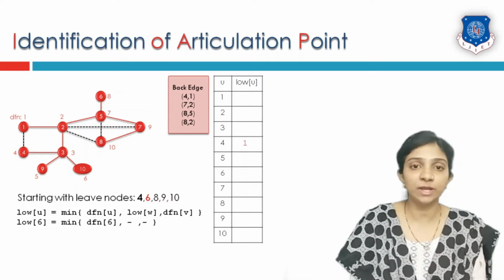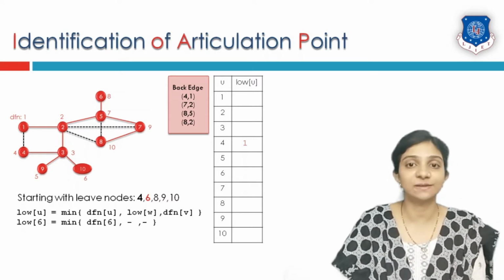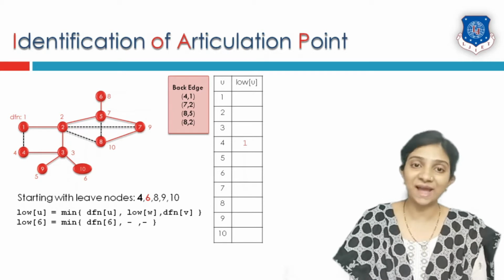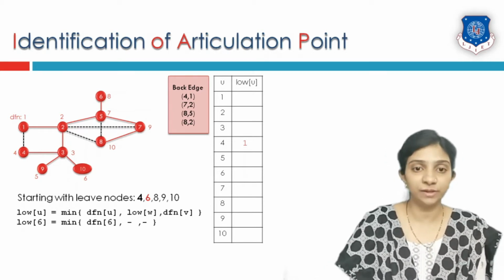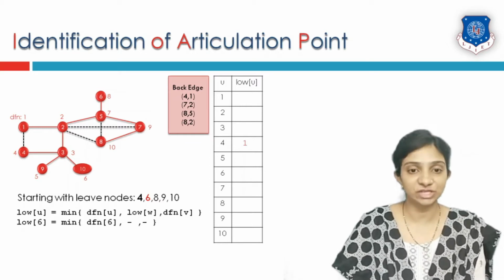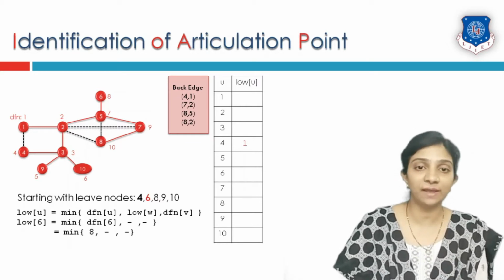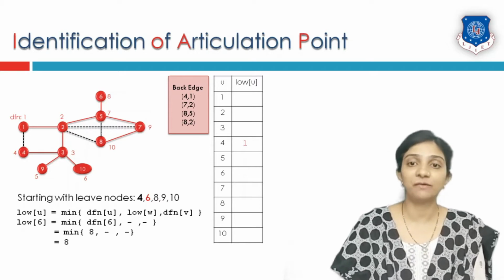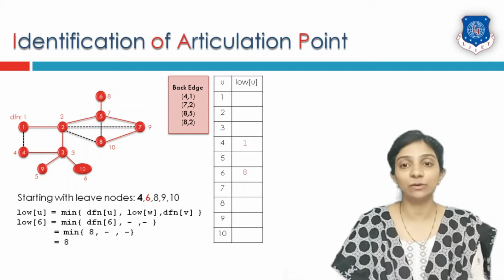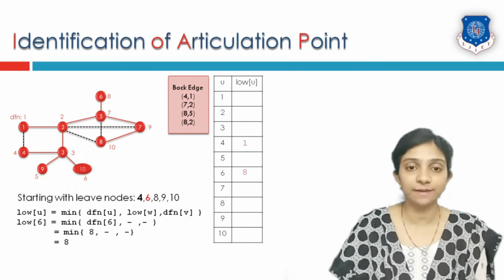Is there any edge which starts with vertex number 6? There are no back edges with vertex 6. So the third component here will also become dash. DFN of vertex 6 is 8, so low is equal to 8 itself and its entry will be made inside the table.